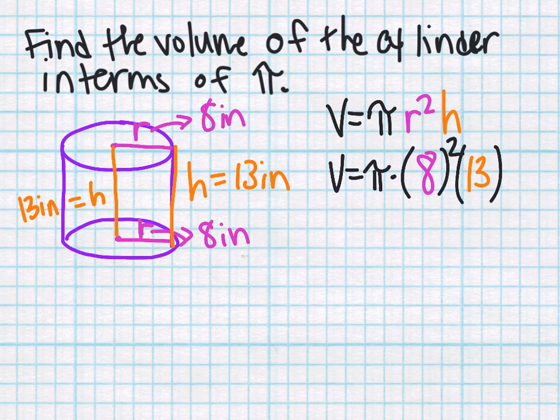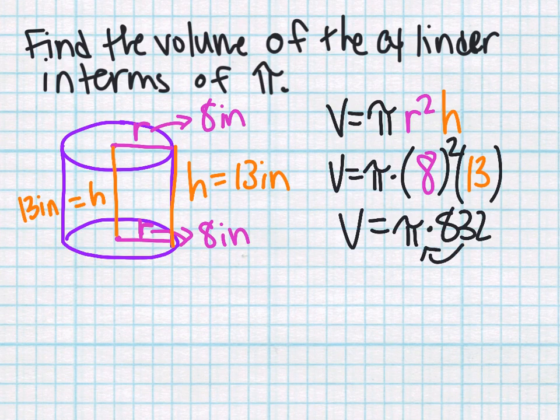So we're going to just grab a calculator, and we're going to do 8 squared times 13. You could also do 8 times 8 times 13. When I do that, what I get is volume equals pi times 832.